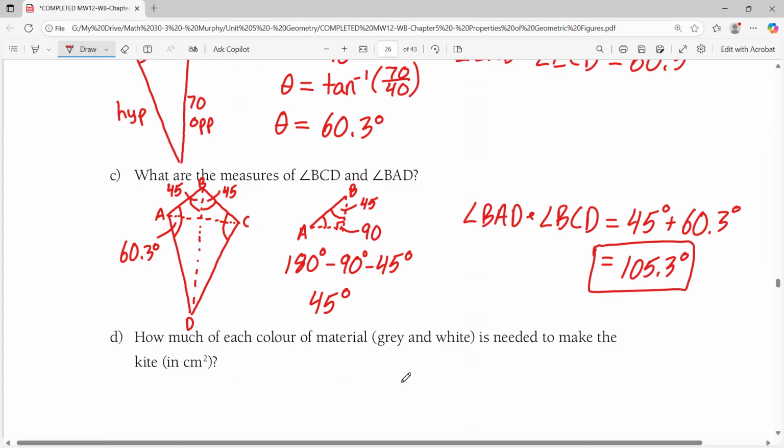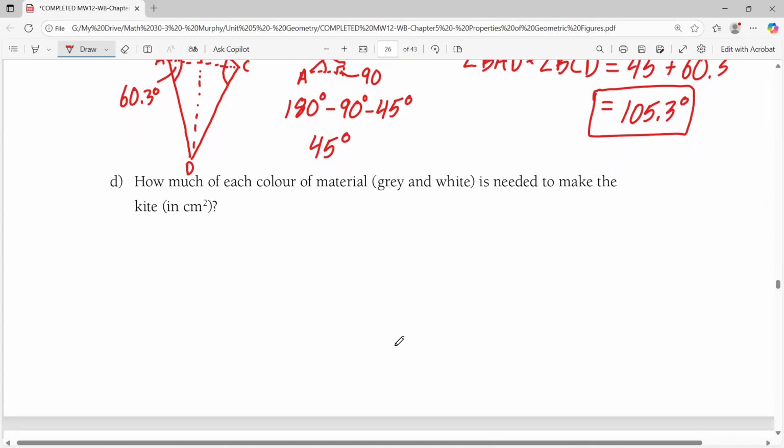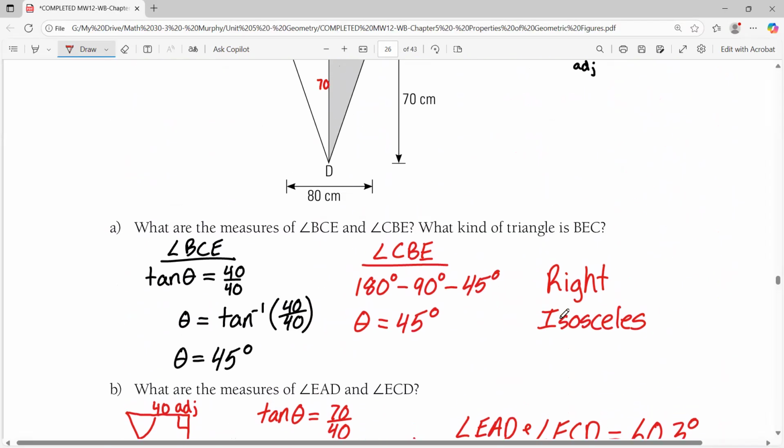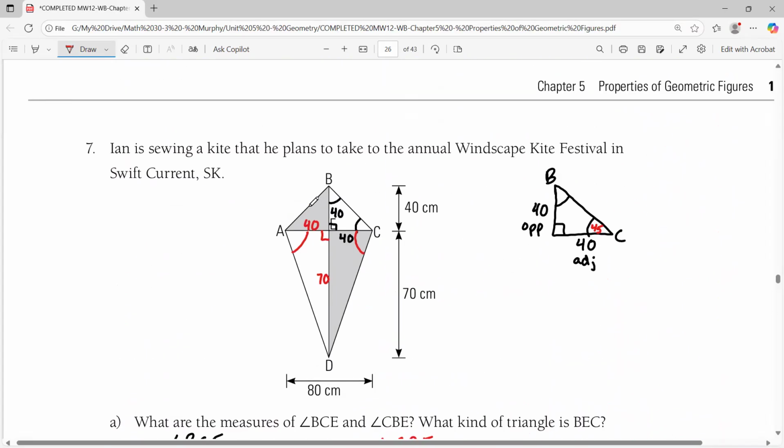Now it says D. How much of each color of material, gray and white, is needed to make the kite in centimeters squared? So that's area. That's what that means. And if we look up here, there's the gray, there's the white, white, and gray.